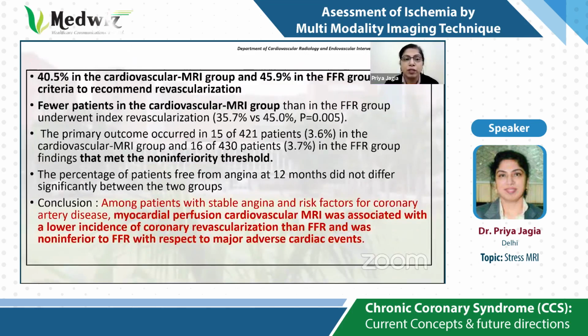Of the cardiac MR group, 40% patients and around 46% in the FFR group met the criteria to recommend revascularization. It was found that fewer patients in the cardiac MR group underwent index revascularization compared with FFR. So the study concluded that myocardial perfusion MR was associated with a lower incidence of coronary revascularization than FFR and was non-inferior to FFR with respect to MACE.